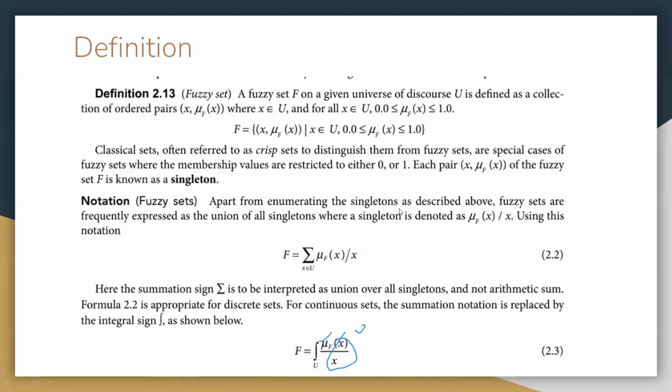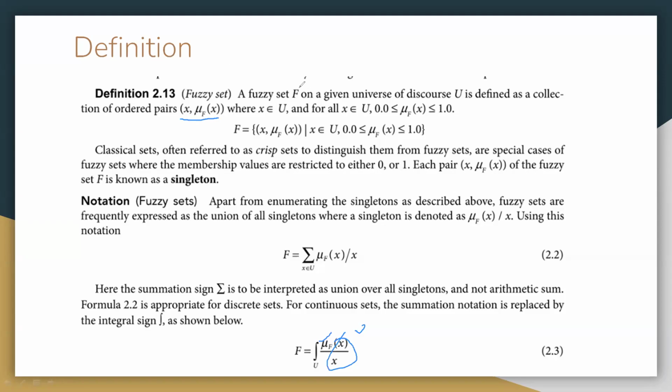Now, looking at the definition of how a fuzzy set can be written, a fuzzy set F on a given universe of discourse capital X or capital U is defined as a collection of ordered pairs. It's very important to know this, that you have a set of ordered pairs x, mu of F of x.